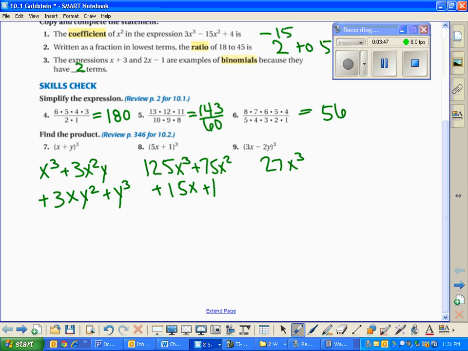Last period when someone ranted off that answer and got it all right, we had like an applause session for them. It was great. There you go. She deserves it. -8 y cubed. Alrighty, are we good with those? Good with our warm-up? If we are, we shall proceed.